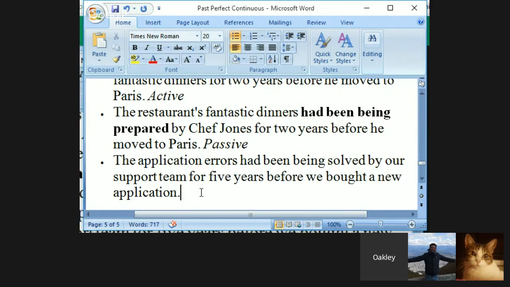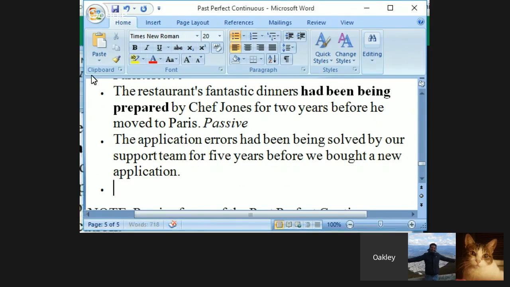Julianne, give it a try, forming the passive.